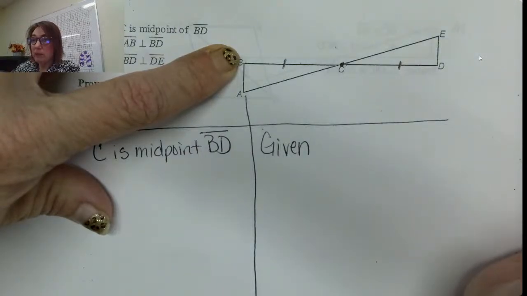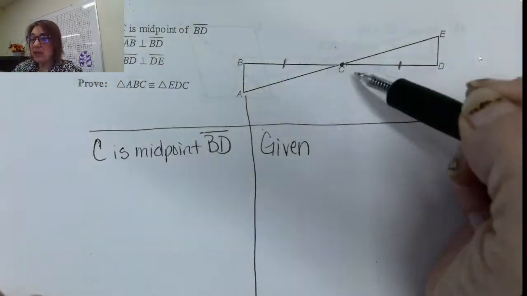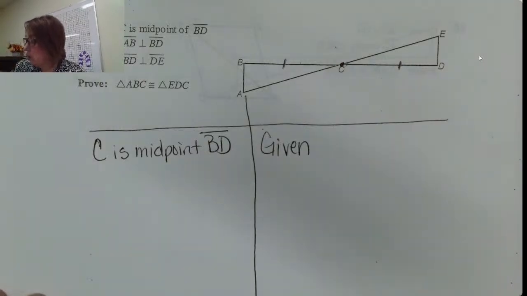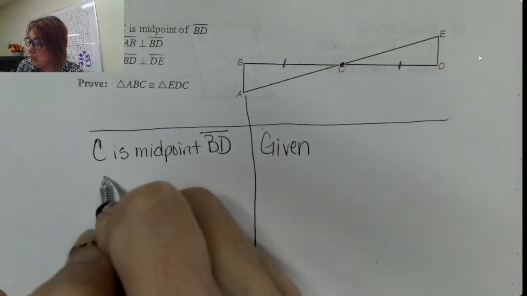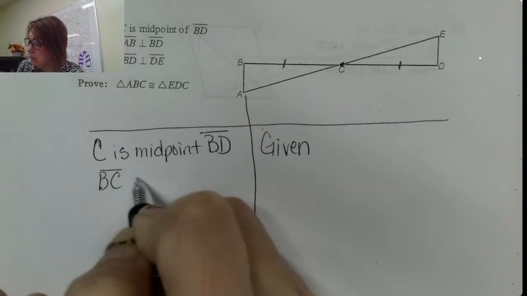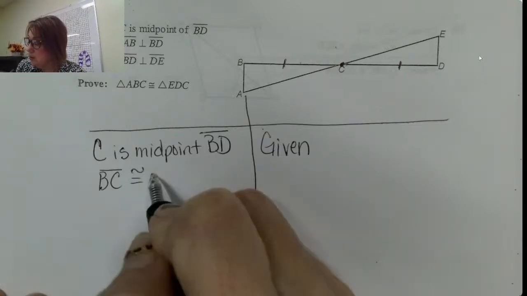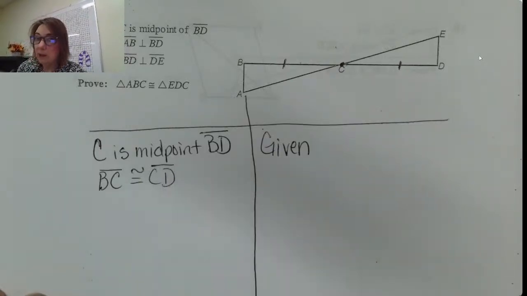Do y'all see what I'm talking about? So our next statement would be, since we know C is the midpoint, then BC is congruent to CD. Now, how do we know that? Definition of a midpoint.